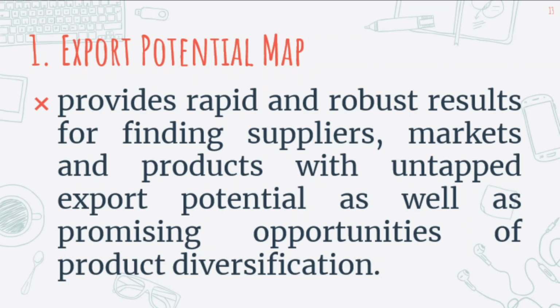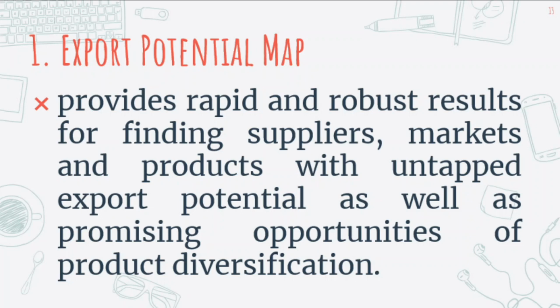For example, you have a product in your country, tapos ipag-aaralan mo siya if possible ba siyang bumenta sa bansa na yon. Okay. So, titingnan mo yung potential ng isang produkto or ng service.